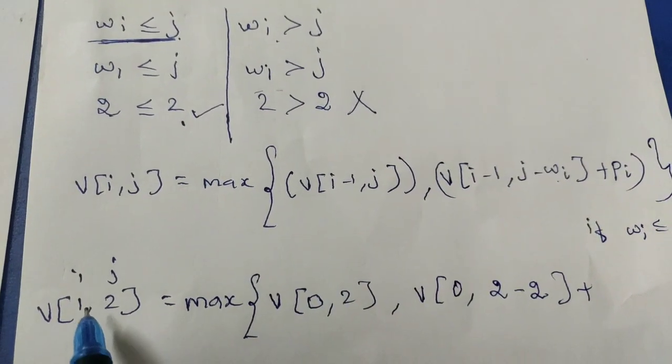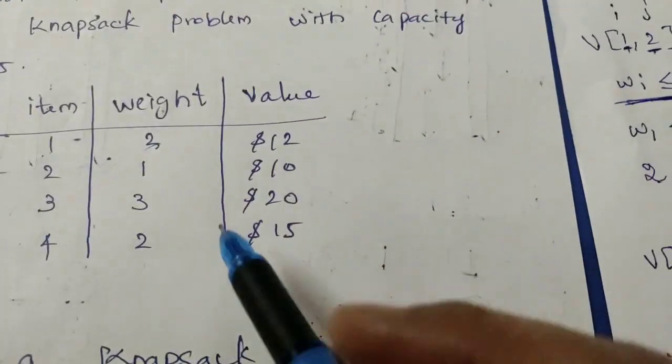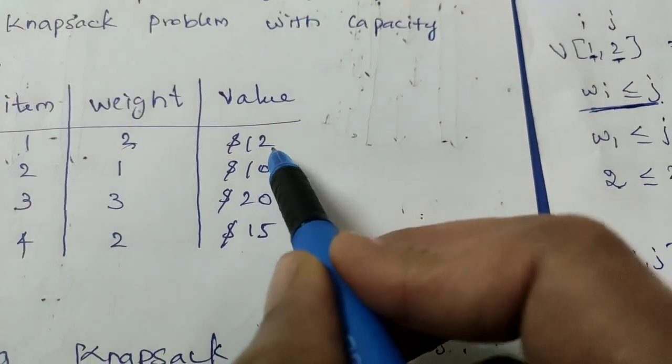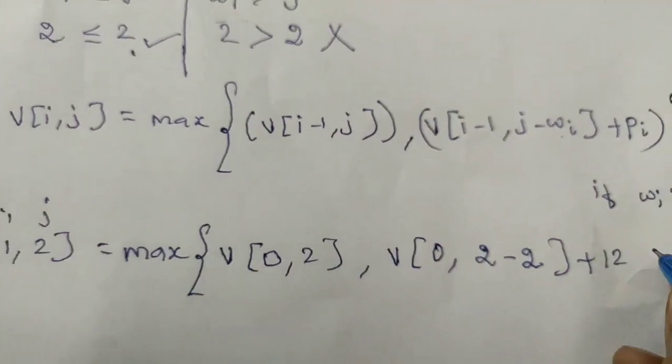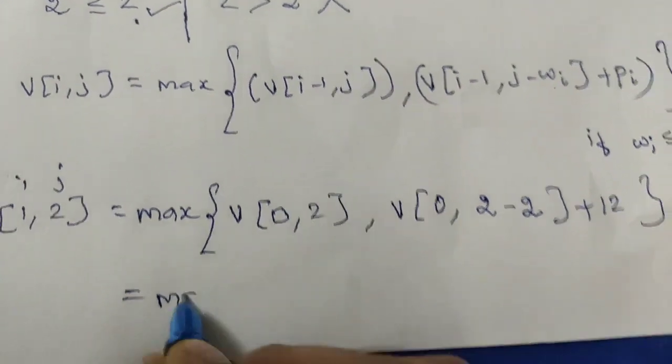What is the item I am processing? Item 1. What is the profit of item 1 in the given question? The profit of the item is 12. So add this 12.